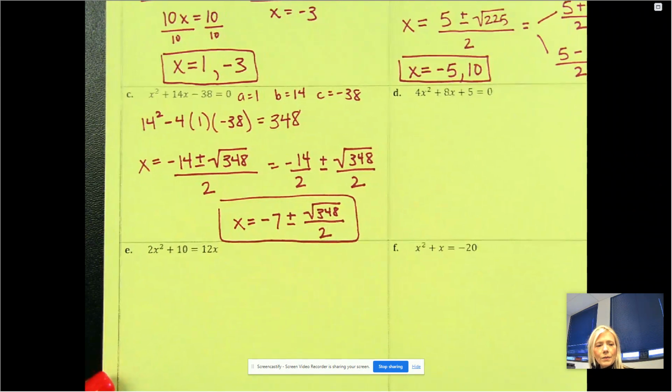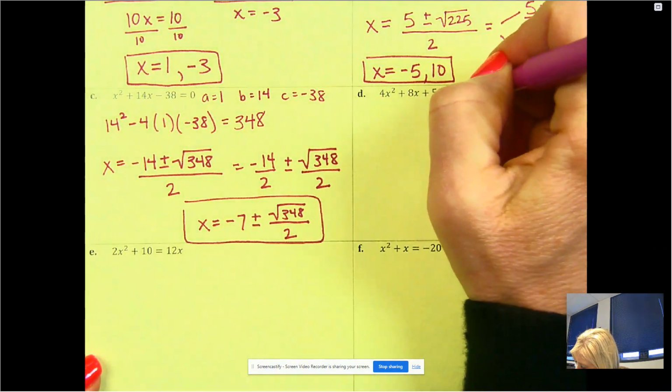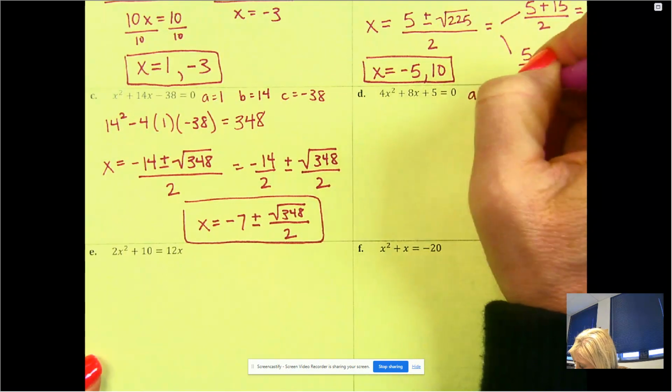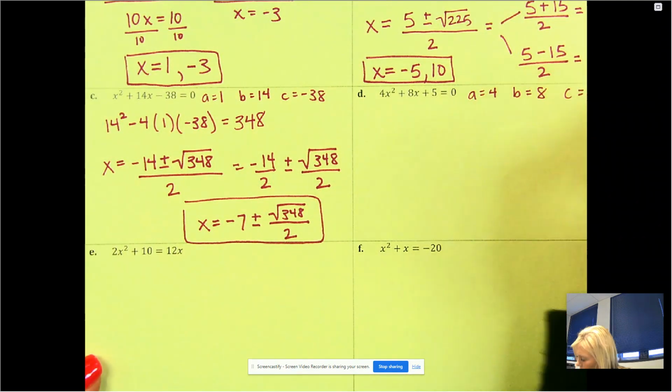Okay, we're ready for the next one. Also already in the proper form. So A is 4, B is 8, C is 5.